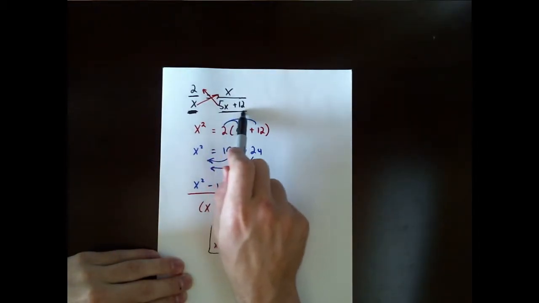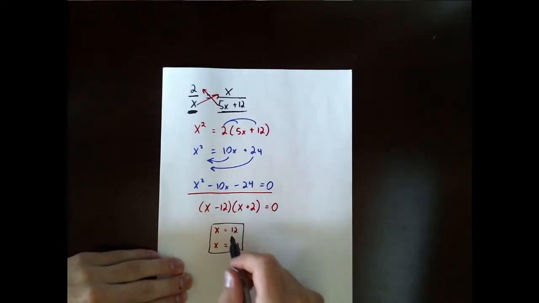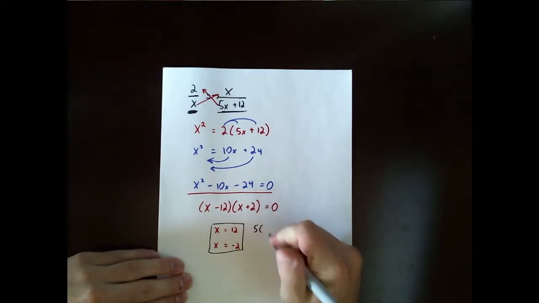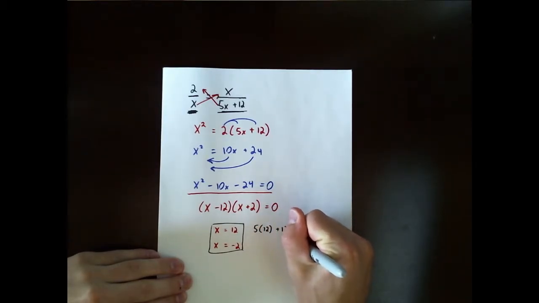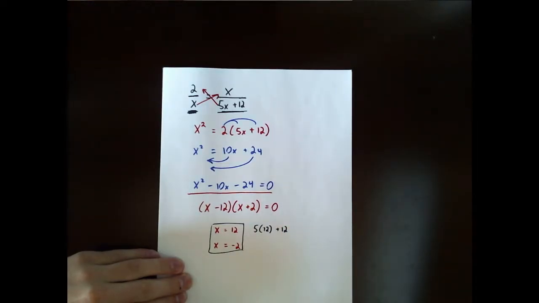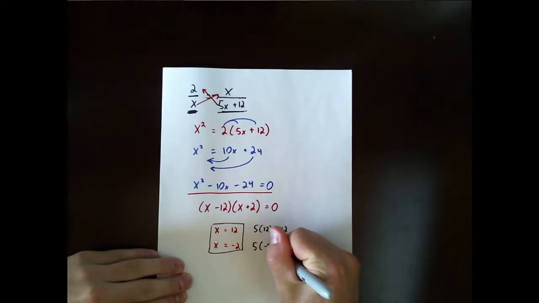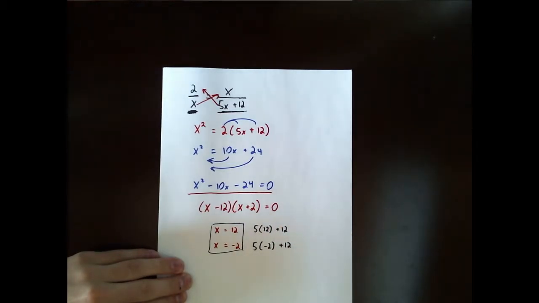The denominator over here on the right hand side is 5x plus 12. So I'm going to just plug both of these in. We have 5 times 12 plus 12 as one of them, and then 5 times negative 2 plus 12 as the other.